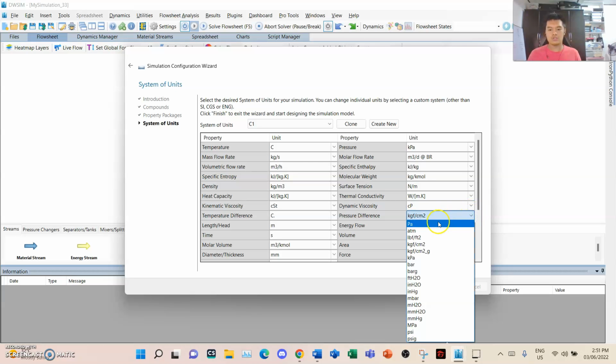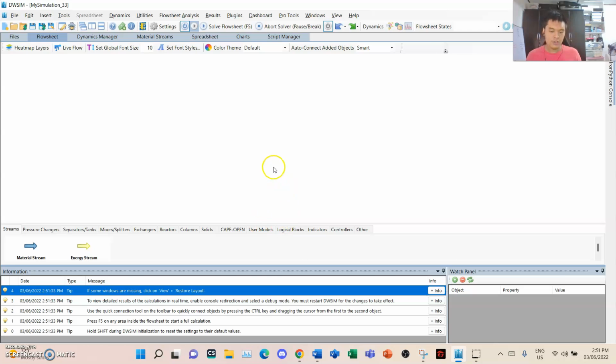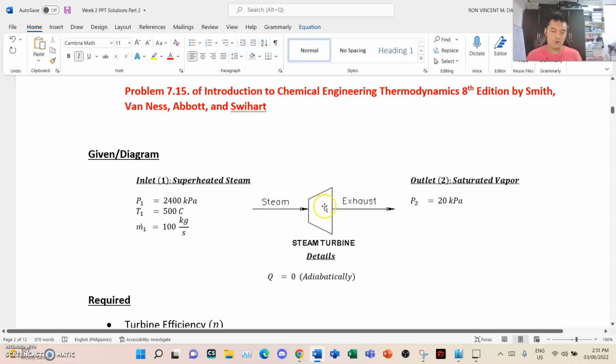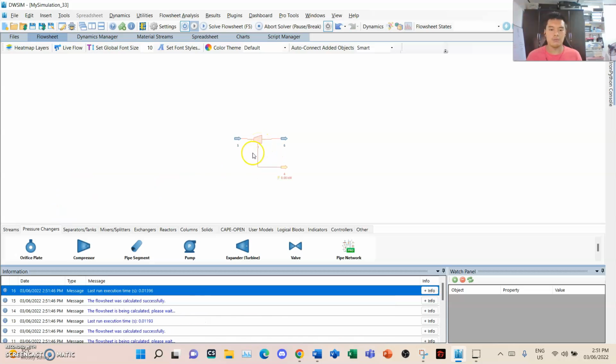Pressure difference is also at kilopascal. Then finish. Alright, that's it. Then for the reference problem, the diagram, let's focus on the diagram. So steam turbine is pressure changers and expander, and DWSim will automatically provide the details for the diagram.